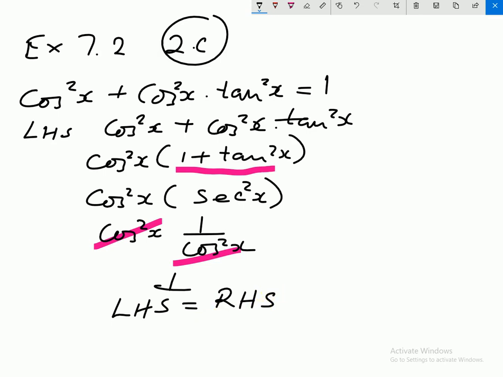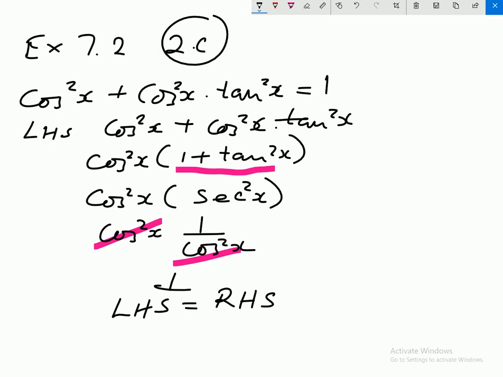That's the way of manipulating. People, go through exercise 7.2 number 2 and number 3. Do as many problems as you can.